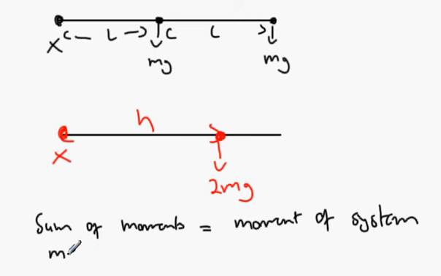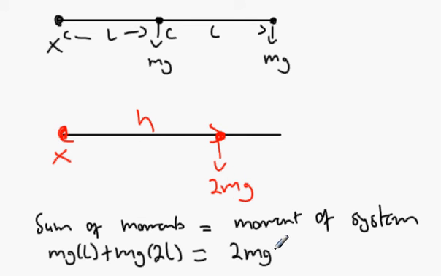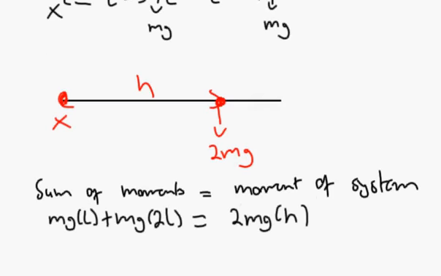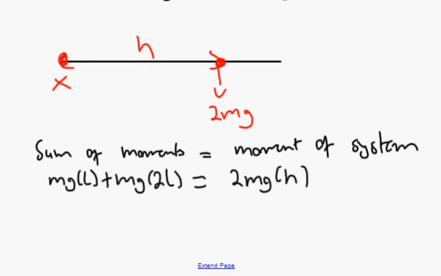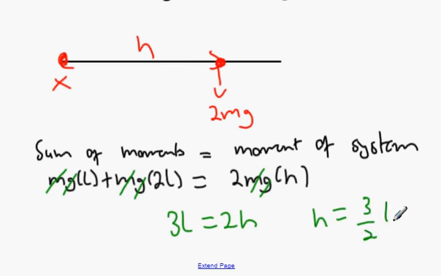So it's going to be mgL plus mg times 2L. That equals the moment of the system. The moment of the system is going to be 2 mg multiplied by h. You can take the mg's out of both sides, and what we'll get is 3L equals 2h. H therefore equals 3/2 L.